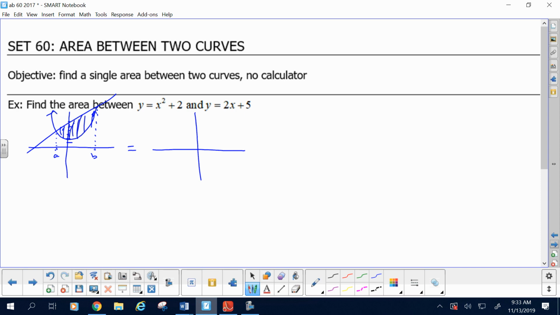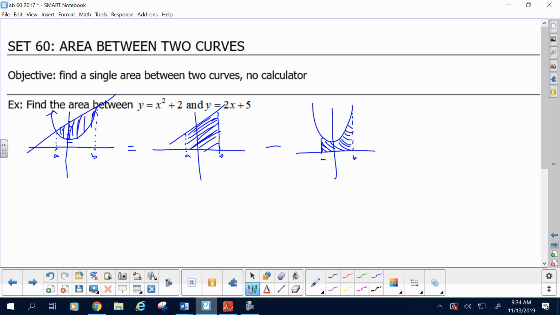So we could say, I'm just going to find the area under the line as if that parabola wasn't there, but then I'll remove the part under the parabola, and therefore be left with the part between. Are you with me?